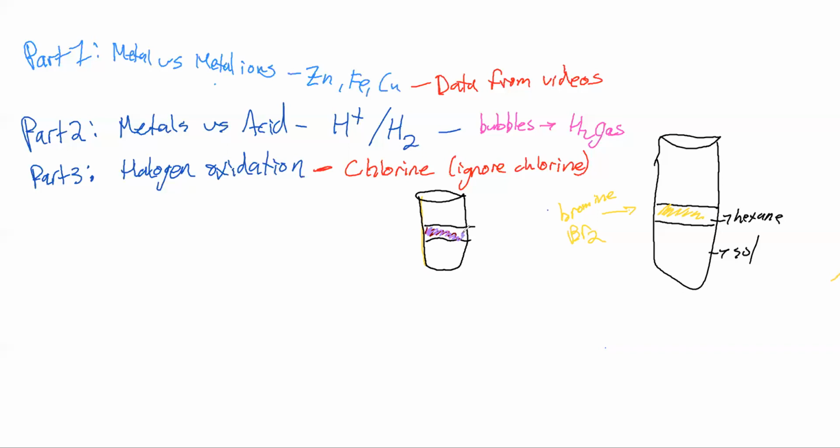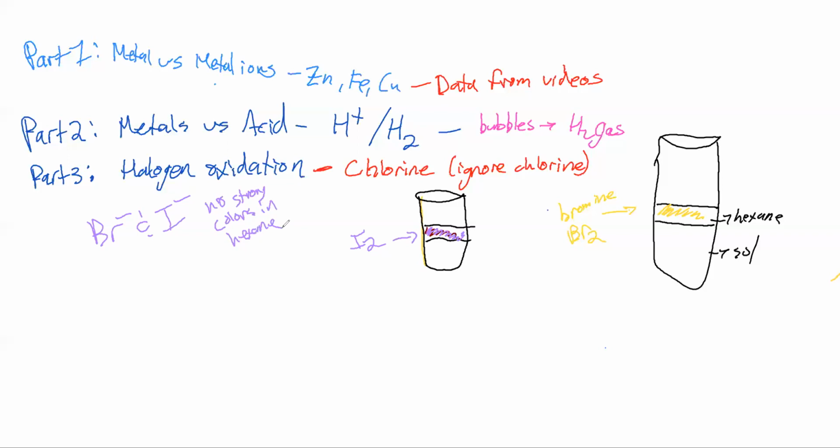So if you see like a purpley red color, that means that you have I2 that's formed. Now, both the bromine and the iodide, no strong colors for them in the hexane.